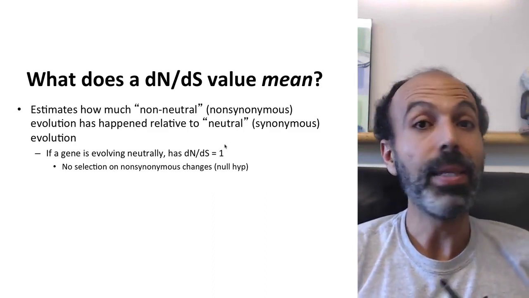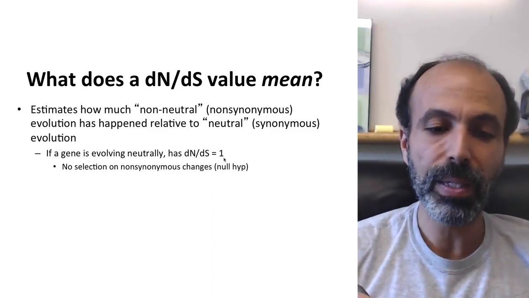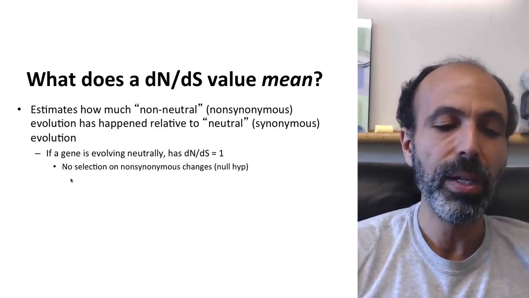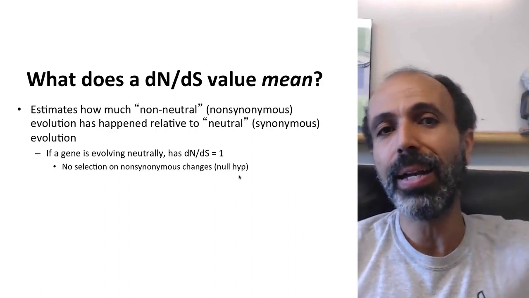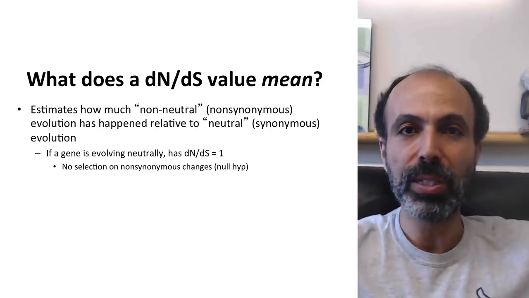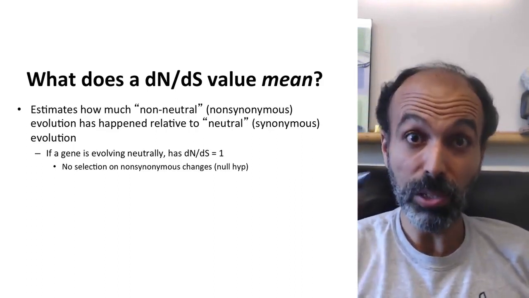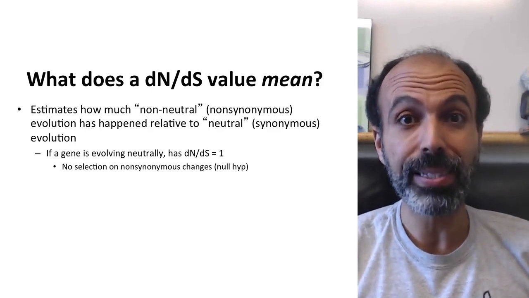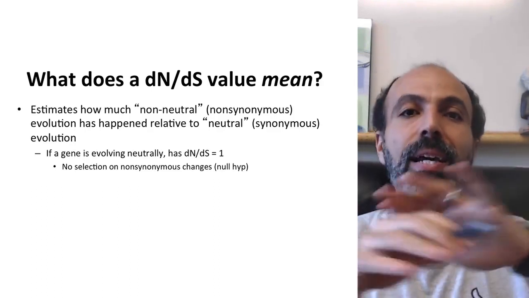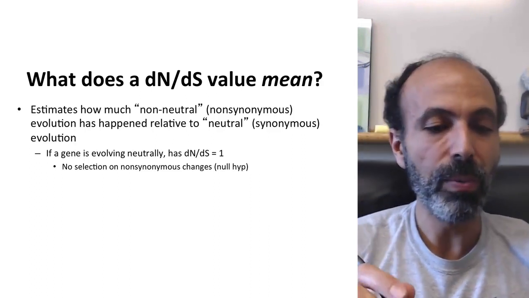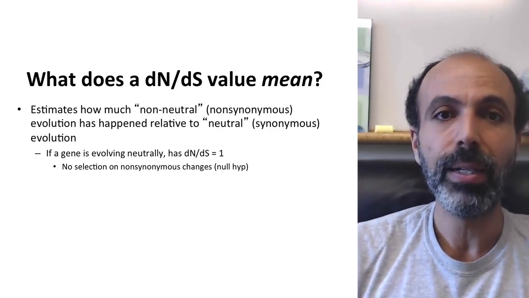That's not at all what we saw, but we expect a value close to 1. So this is saying there's no selection on non-synonymous changes. There's no bad, there's no good, they're just like the neutral ones. In that case, you would actually have more non-synonymous changes than synonymous changes, but since you have more non-synonymous sites, it factors that out. So this would be what's happening in terms of neutrality.